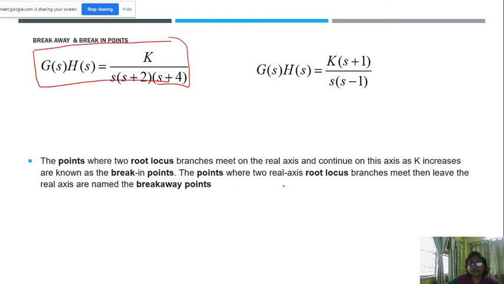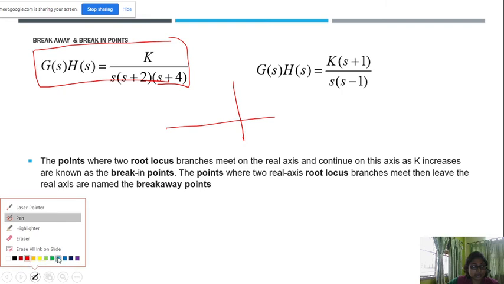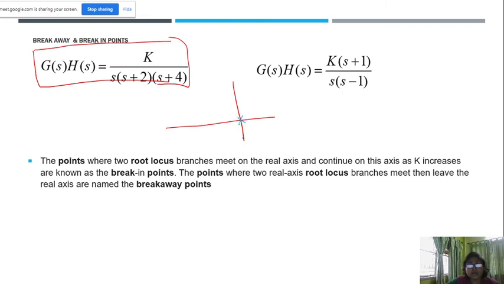Suppose this is the root locus. What we have learned is that the poles are here, here and here. Now we know the root locus branches exist between these two points and another between here and infinity.